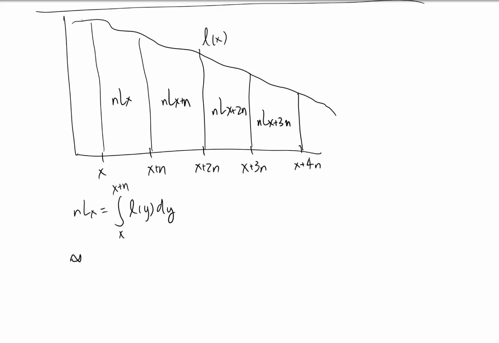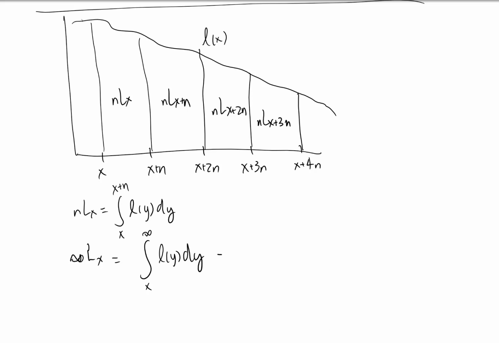So if we were to look at infinity Lx, we're going to be doing it from age x onward up to the oldest age of l of y dy, and that thing is going to be all of these little areas all the way out to the right. And what is that going to be?